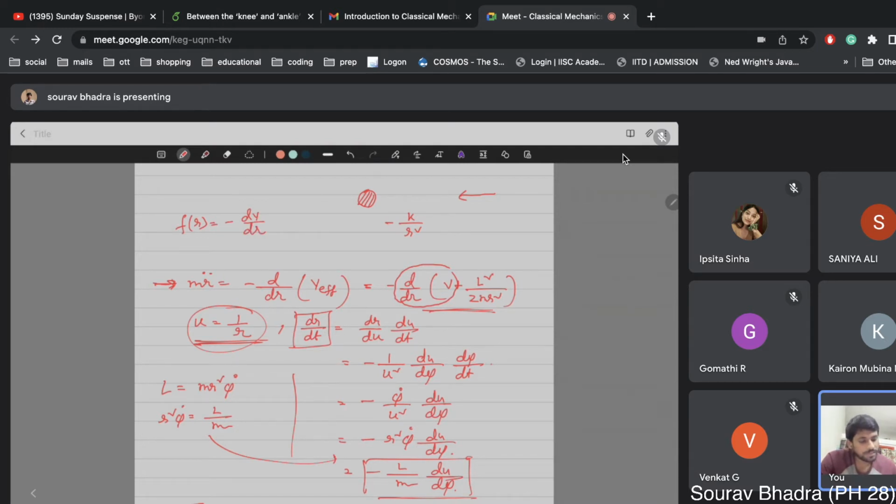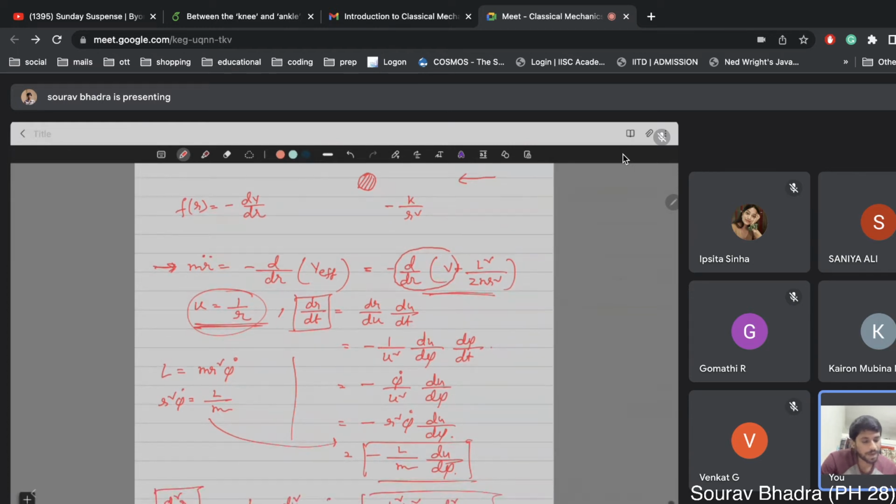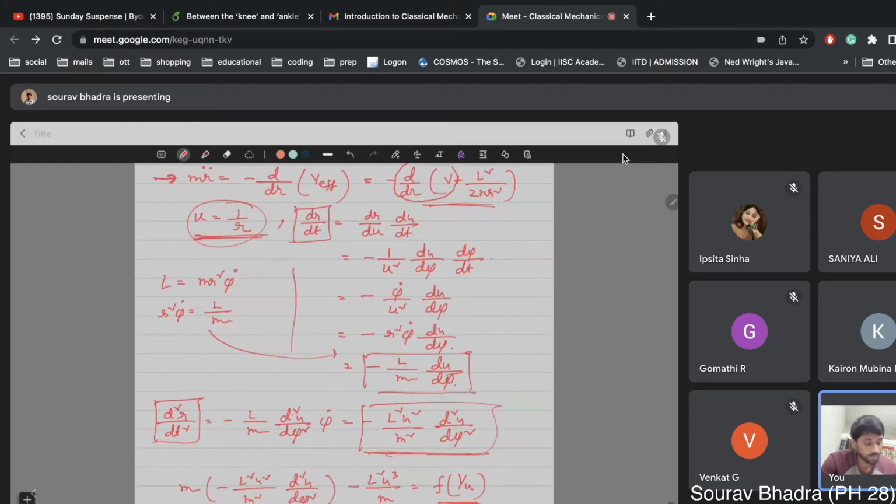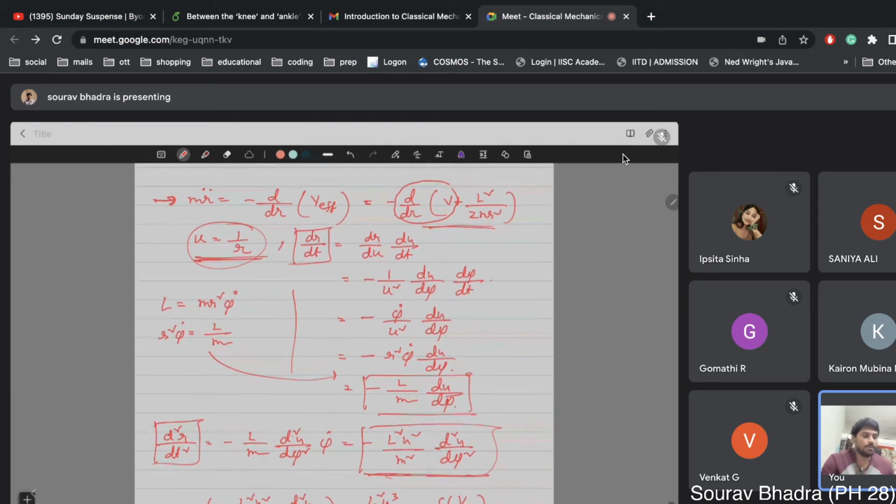Okay, so this del V del r is f of r, and as I am writing, every r I am replacing by u. That's why I have replaced r with u in this particular expression also. So instead of f of r, you will get f of 1 by u, because this f of 1 by u is similar to f of r.